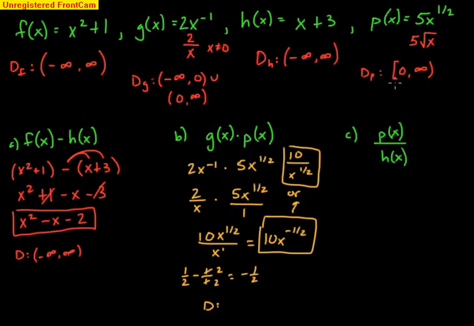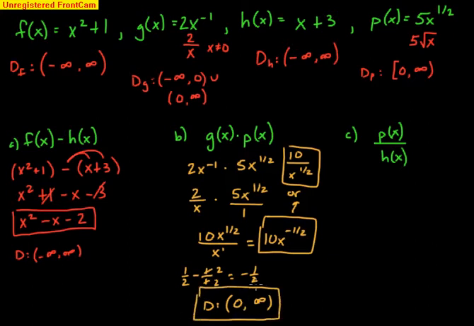Because this says x cannot be 0, this says x must be 0 or greater, so we can only take greater than 0. So right now that's my domain, greater than 0. I look at my final answer and I say, okay, this is a square root. x has to be greater than or equal to 0, but x is in the bottom, so it can't be 0. And that is exactly the same domain as when looking at the two original functions. 0 to infinity.